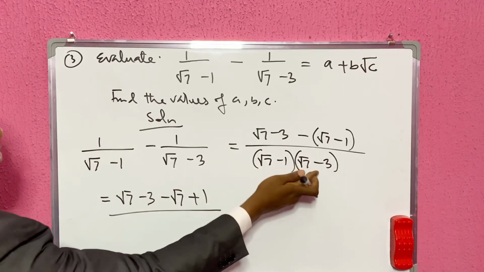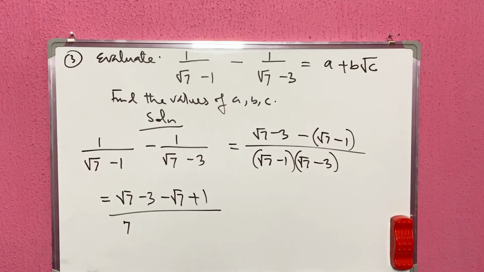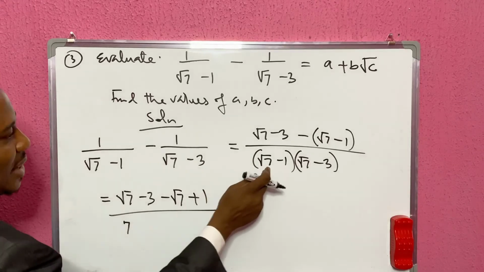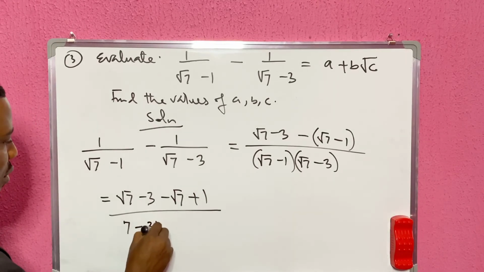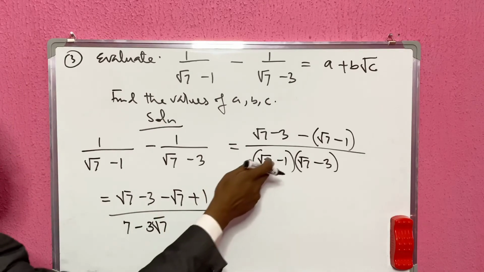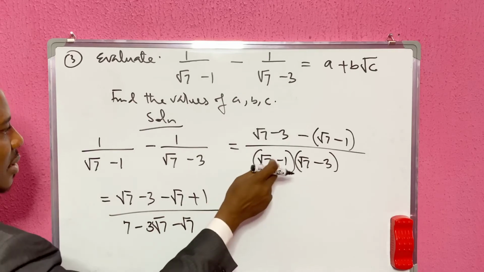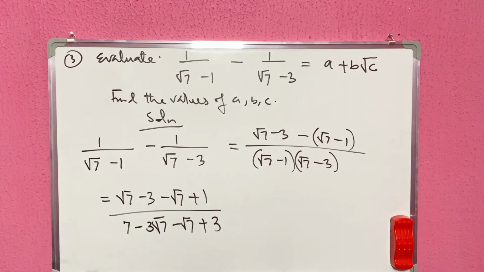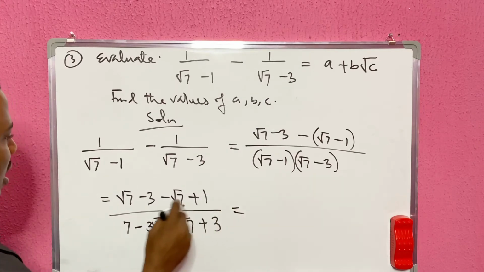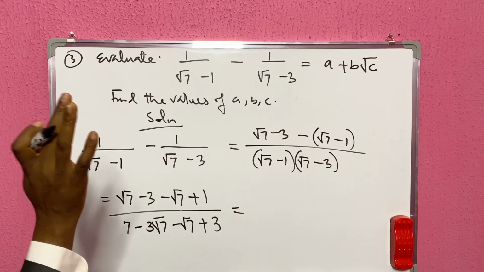Root 7 times root 7 will give you 7. That is root 49, that is 7. Root 7 times minus 3 is minus 3 root 7. Minus 1 times this minus root 7, this times this plus 3. This will give us root 7 minus root 7 will be taken away.